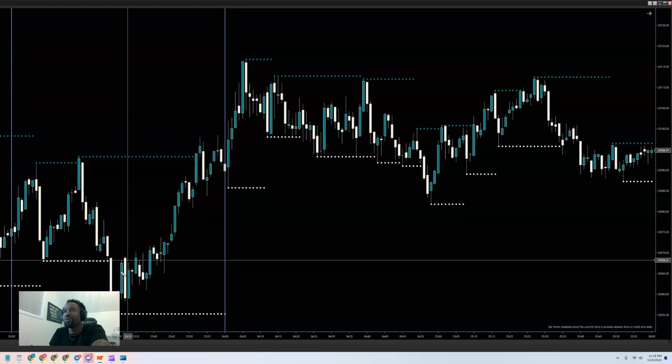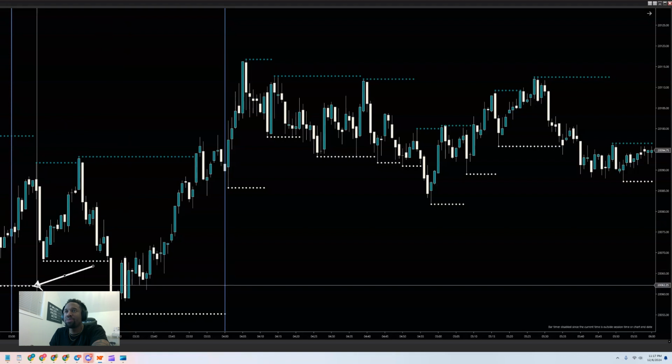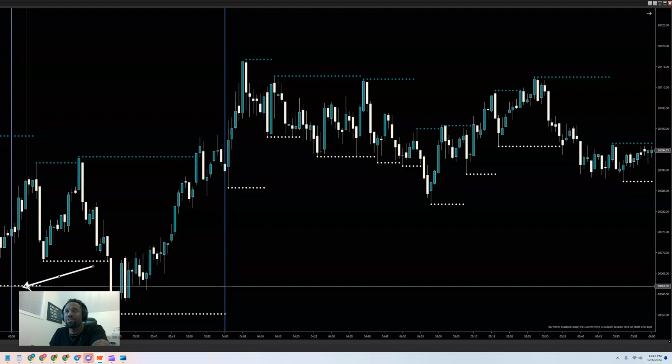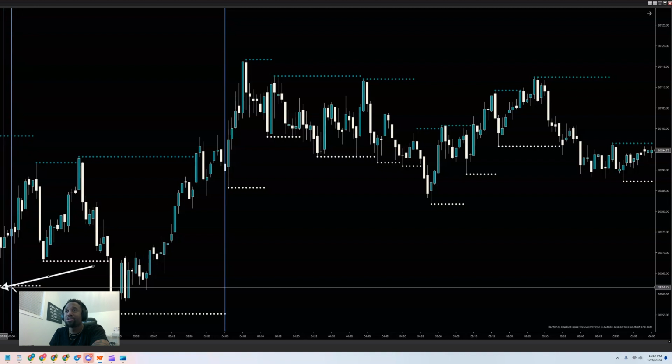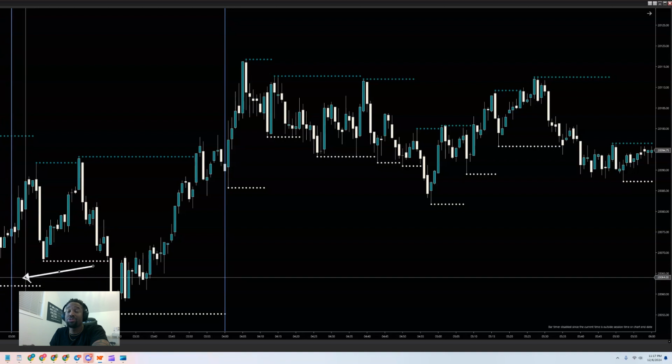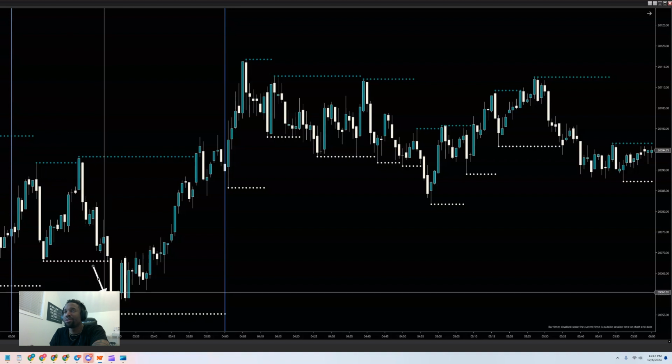We see this candle right here closed below the previous session's low, right? You always want to look for a candle close, not a wick. So this is a strong candle close right there. That is a perfect example.